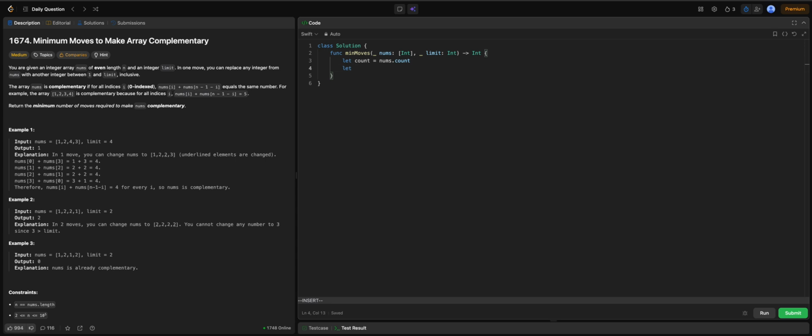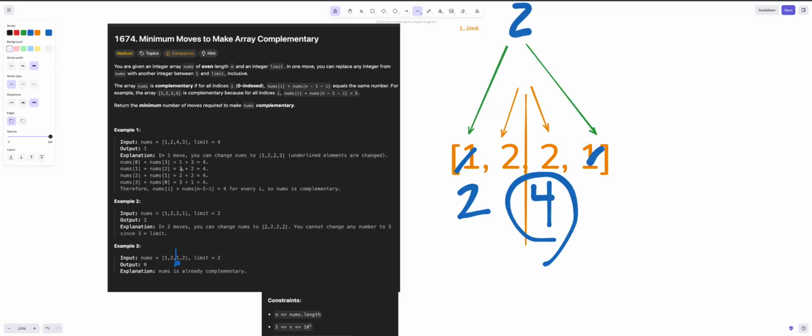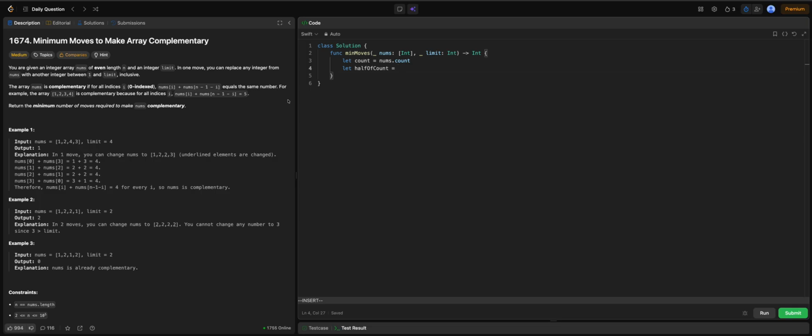And then I'm going to need the half of count. Why? Because according to the explanation in here, we only need half of the array to do the iteration instead of going from start to end. That is a waste of performance for us. So half of the count will be count divided by 2.